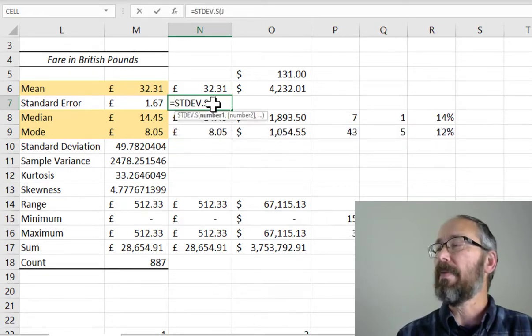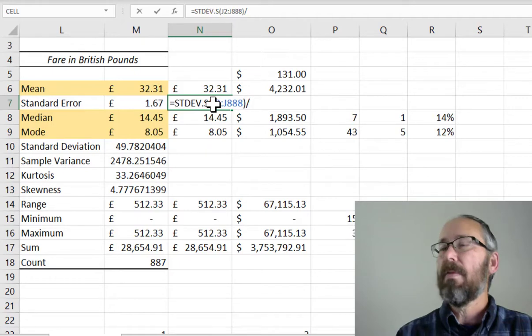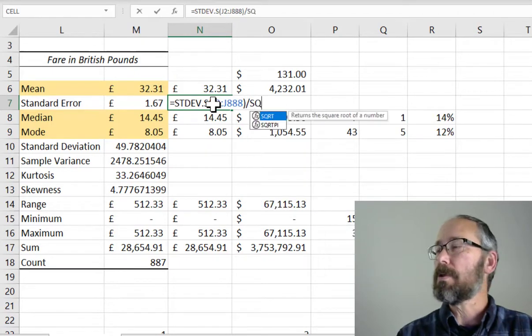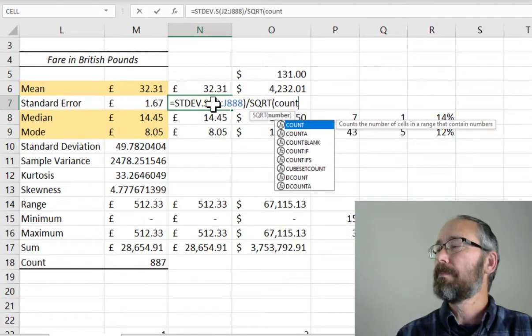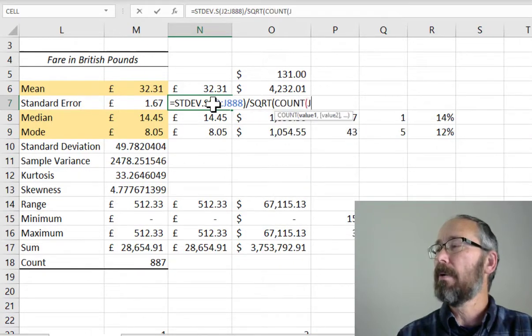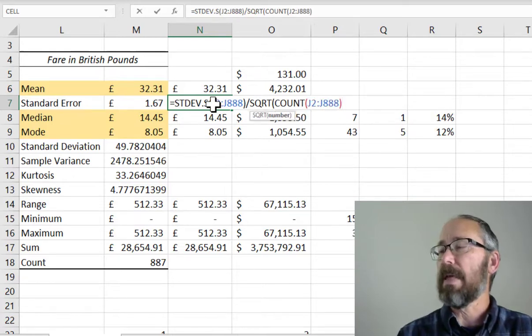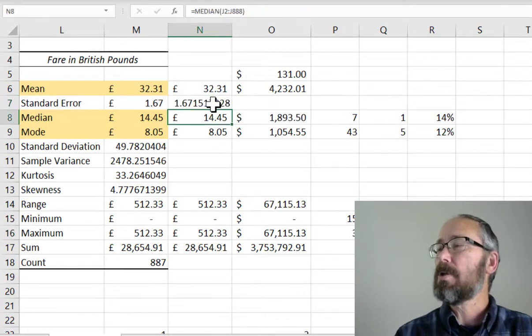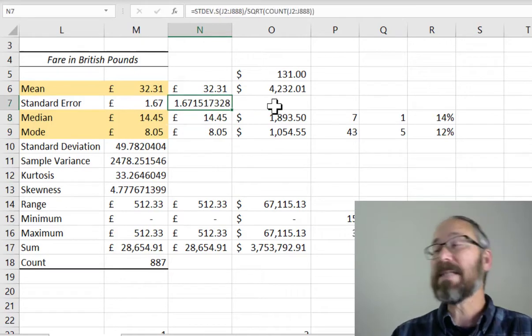And that is my range. And that's going to be divided by the square root of the count of my range. So we know that to be the 887. So we're square-rooting that. So that's how we find it out.